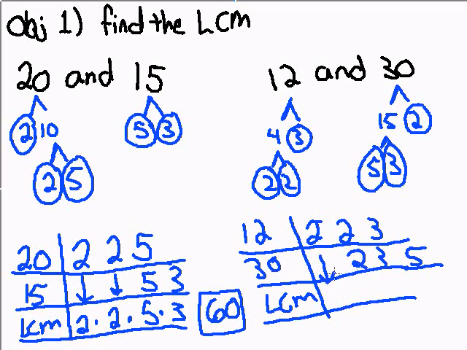We line them up. There's a 2 here, there's a 2, there's a 3, and then there's a 5. 2 times 2 times 3 times 5. 2 times 2 is 4, times 3 is 12, times 5 is 60. It was just coincidence that both these examples turned out to give us 60.